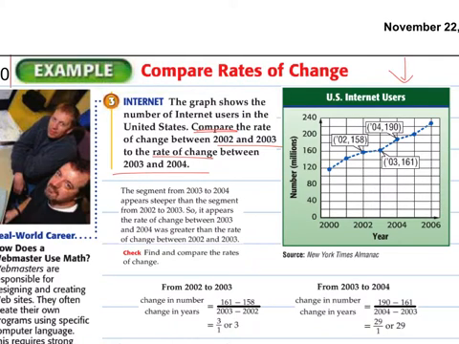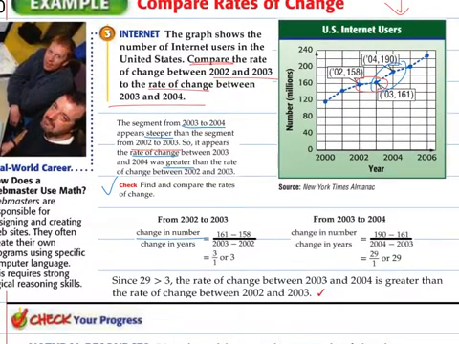You notice that the segment from 2003 to 2004, here to here, appears steeper than from 2002 to 2003. So we could assume that the rate of change from 2003 to 2004 was greater, but we can check by actually doing the math.